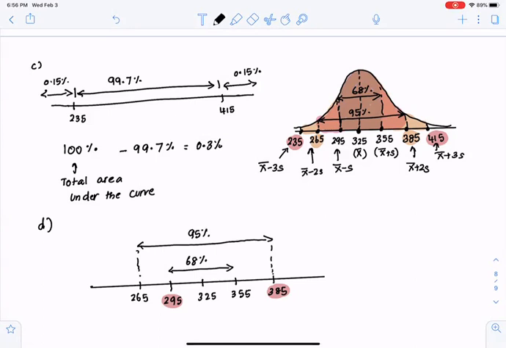What else do I know? Well, I know the curve is symmetric. So whatever area is left over here and there must be the same. So I'll call that x.